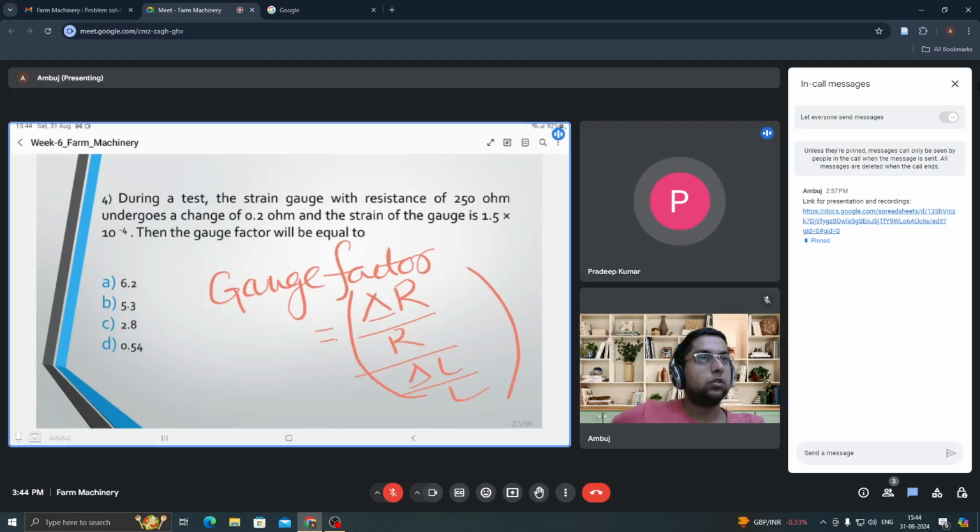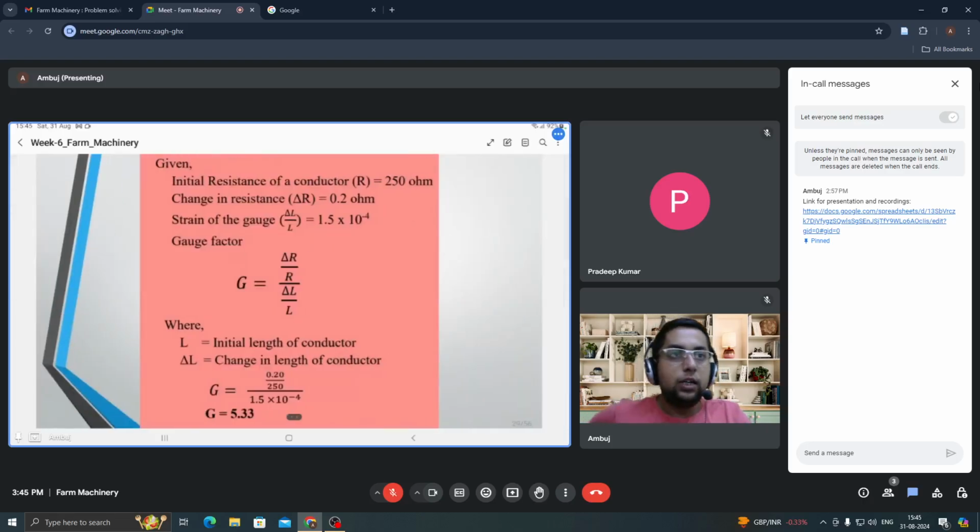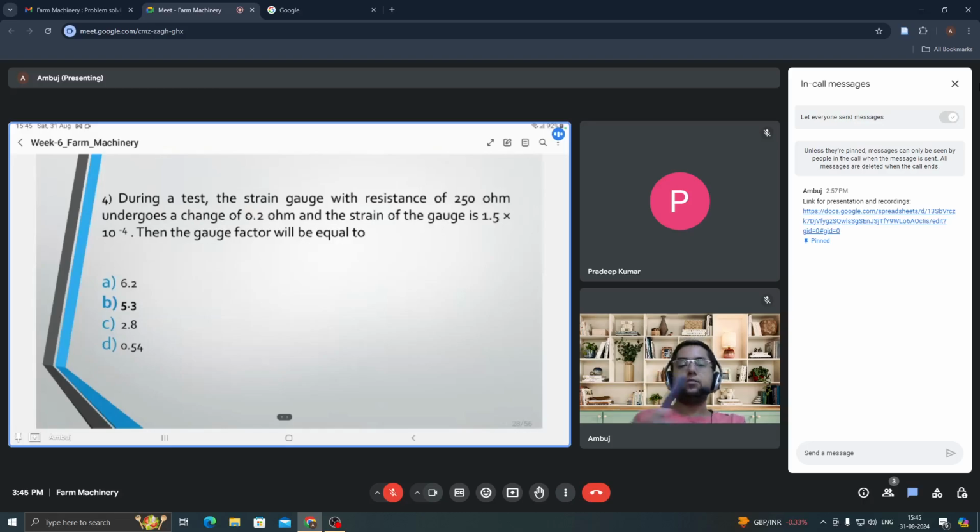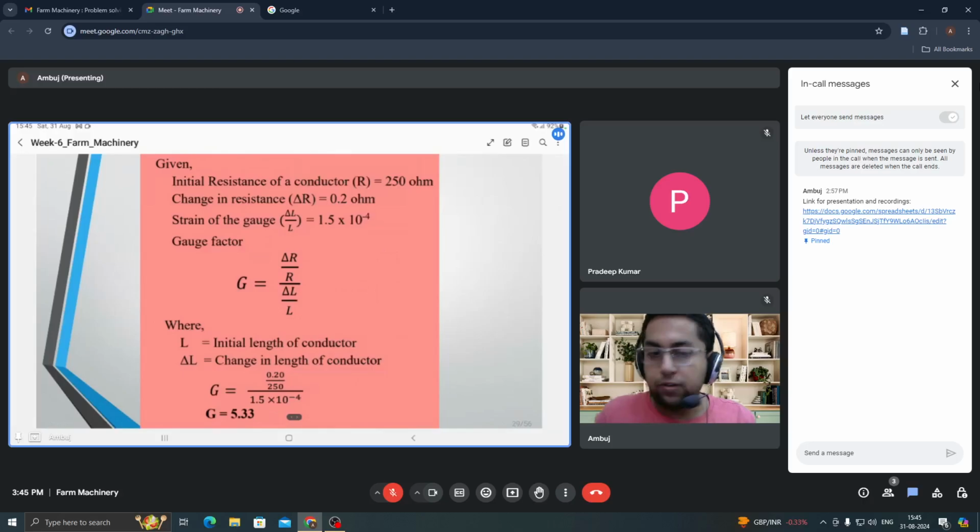Option B, 5.33. Yes, the correct option would be 5.33 only. I have also just calculated. It would be B only. Why? Because everything is given here.